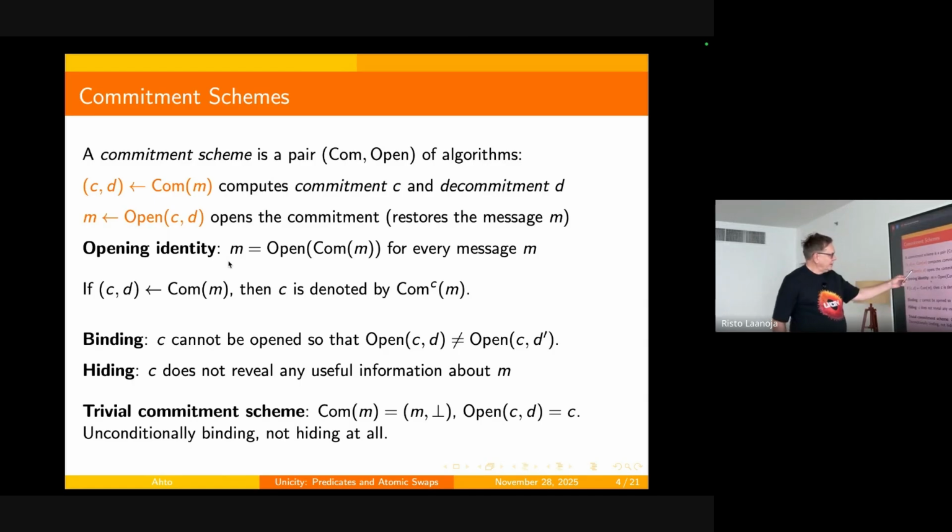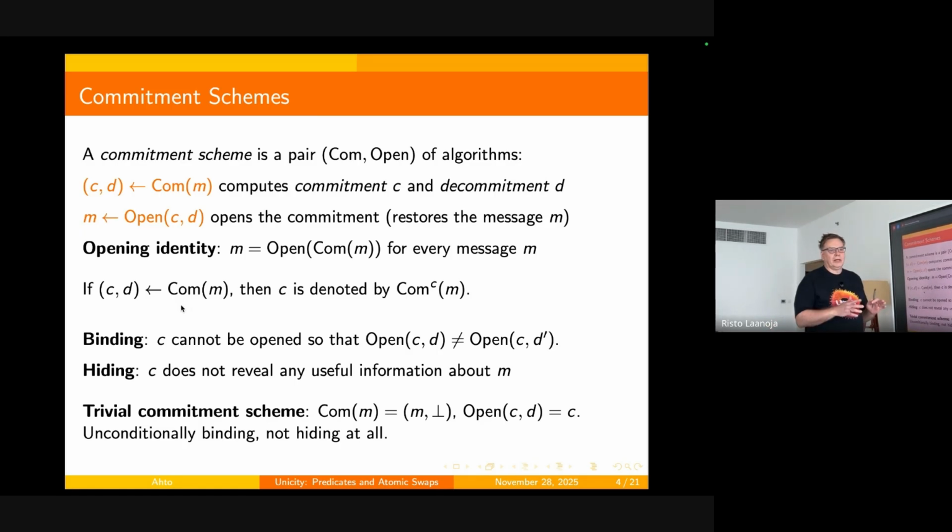Sometimes we only need the C, we don't care about the decommitment, and then we use a notation comC that just outputs the commitment. Okay, so from the security point of view, we have 2 security requirements. First is binding. Once you have a commitment stored somewhere, you can't open it in 2 different ways.